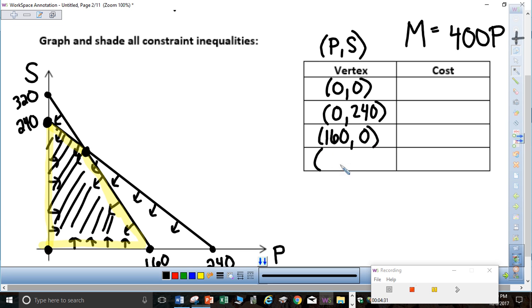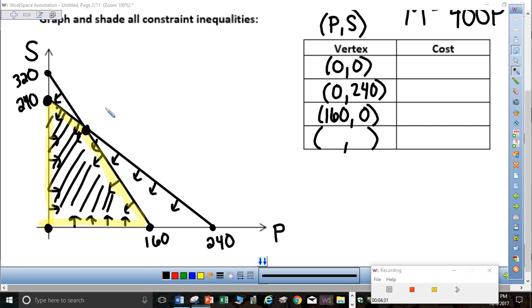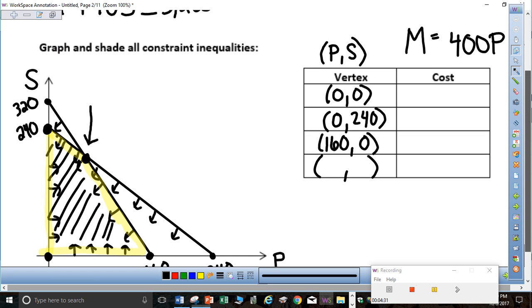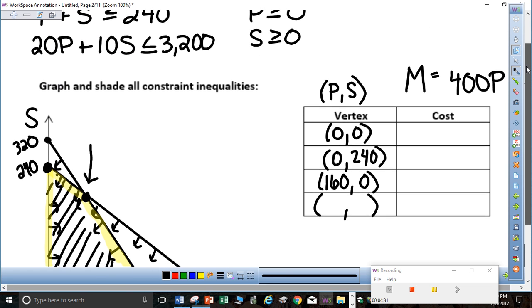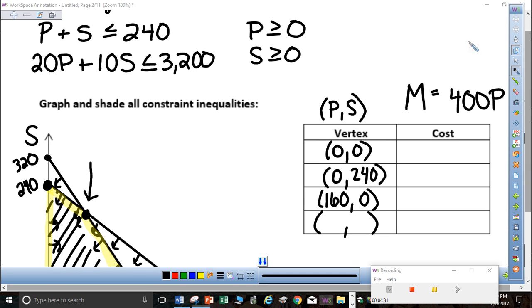All right, and to get the last one, if you remember from our video lesson from Friday, we talked about how to get the point of intersection between these two lines. So those two lines are the equations that are associated with the constraint inequalities. They are the equations for the boundary lines.